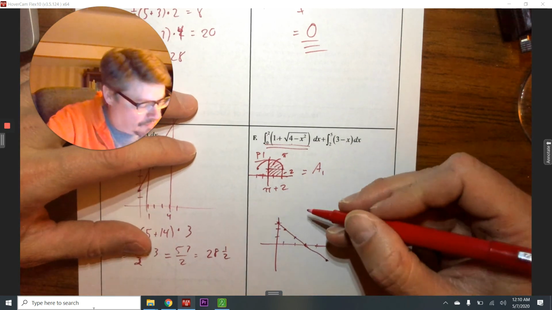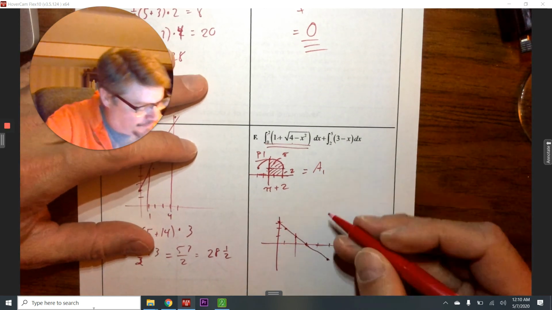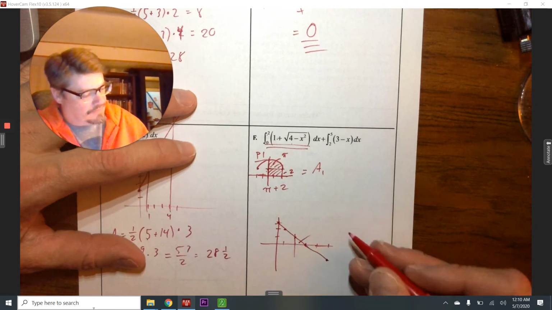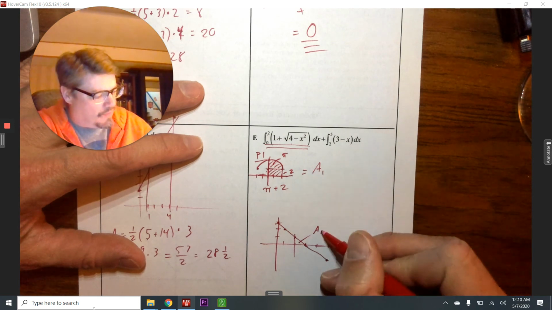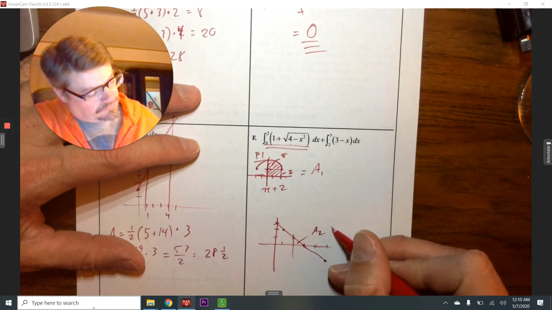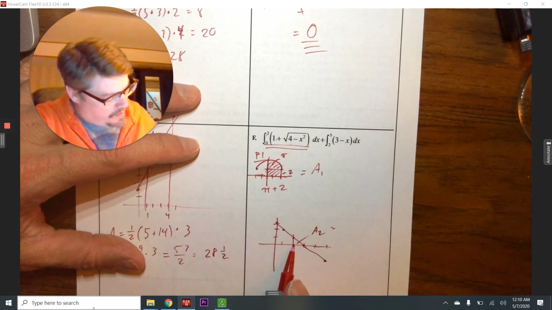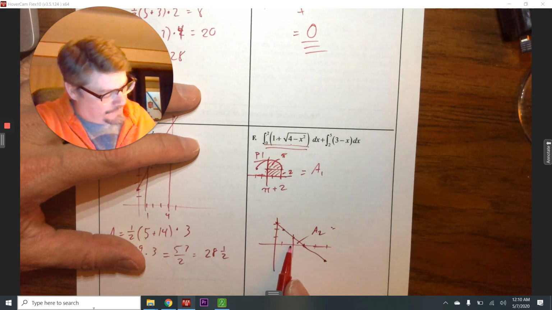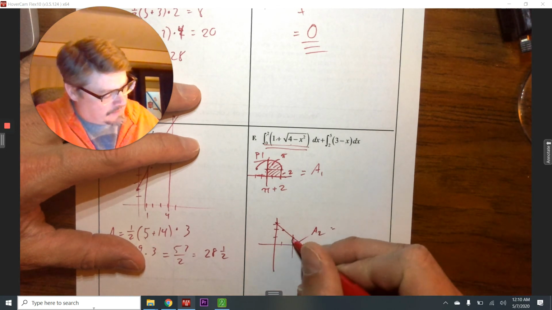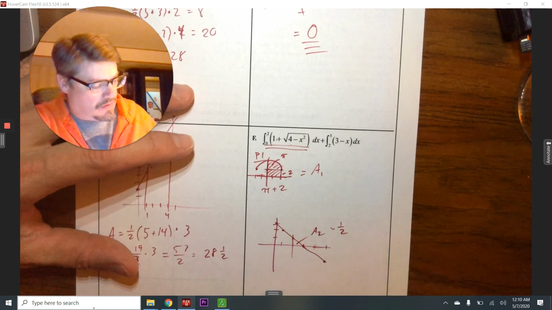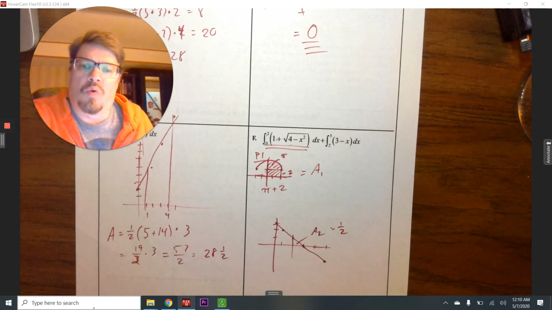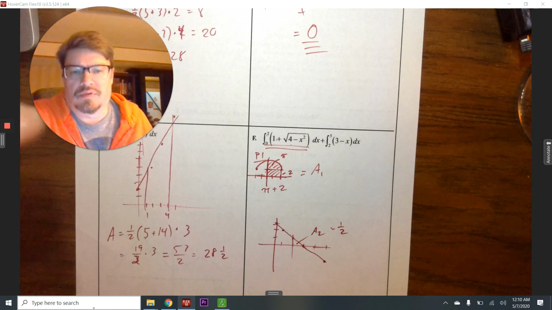So 2 is here. That area, I called it A1. Let's call it A2. Our over 1 went up 1. If we use the area of a triangle, that's 1 by 1 divided by 2, which is a half.